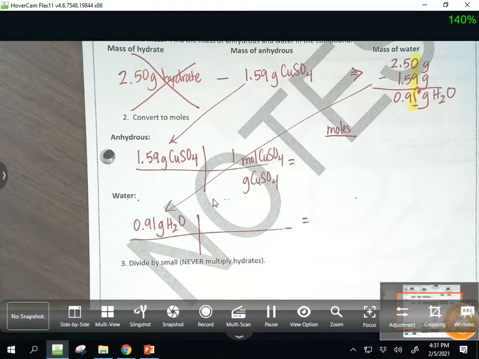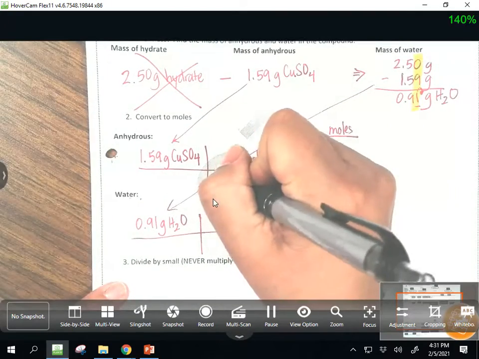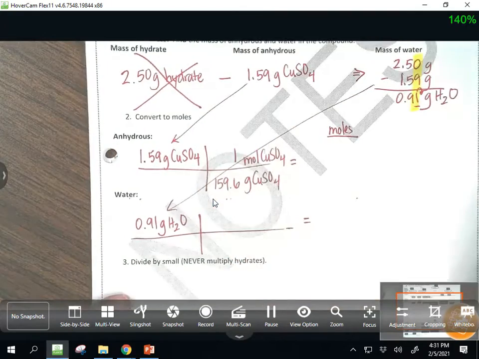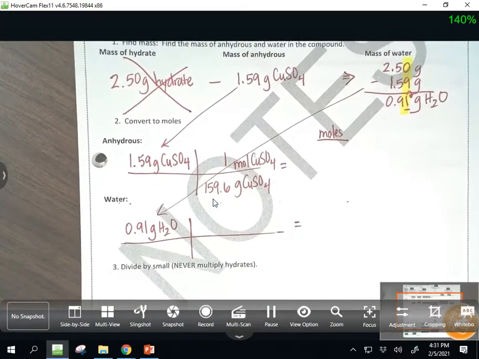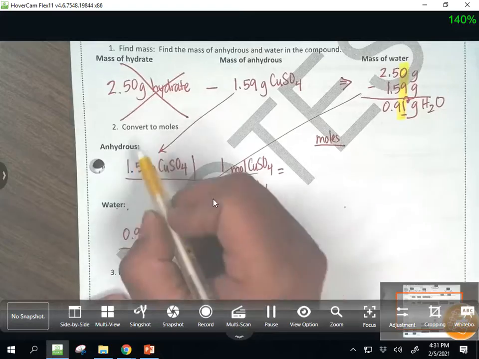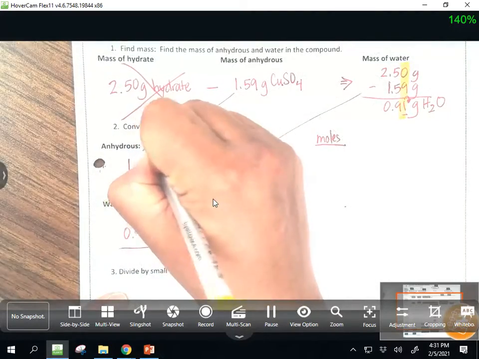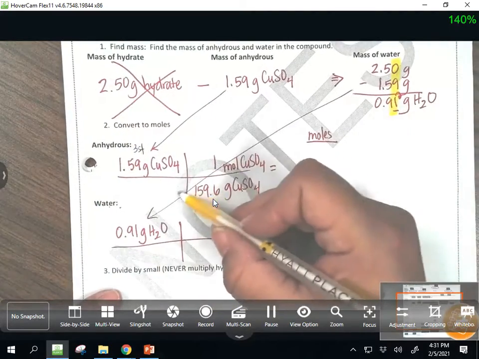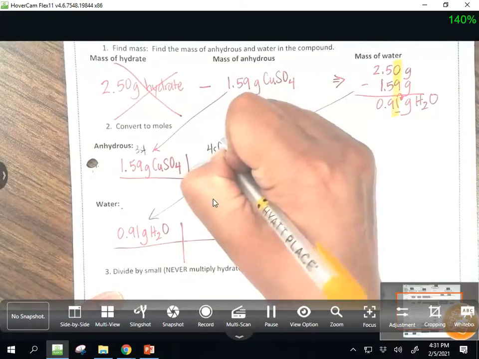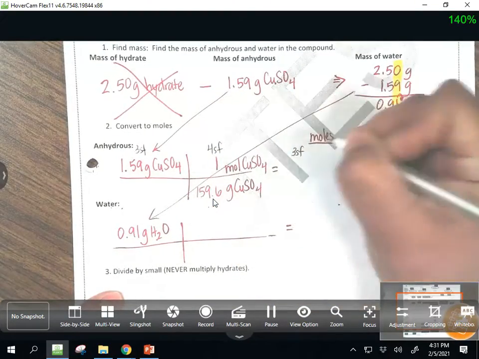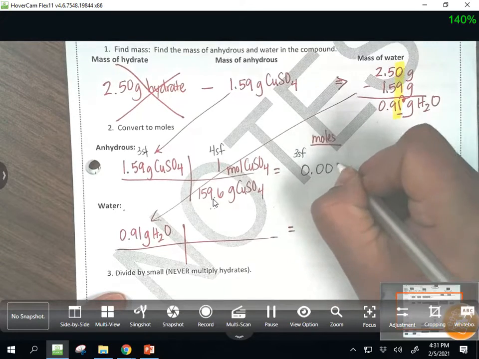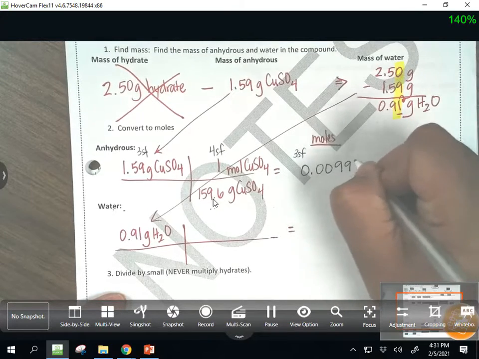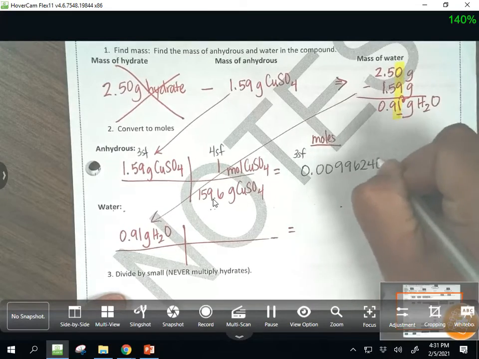So when I add those all up, I get 159.6. Now remember, sig figs are what's going to get students, so make sure that you are figuring them out. So this is 3 sig figs. Here, 4 sig figs. So I'm going to round to 3 sig figs. When I put this in my calculator, I get 0.000996240.6.